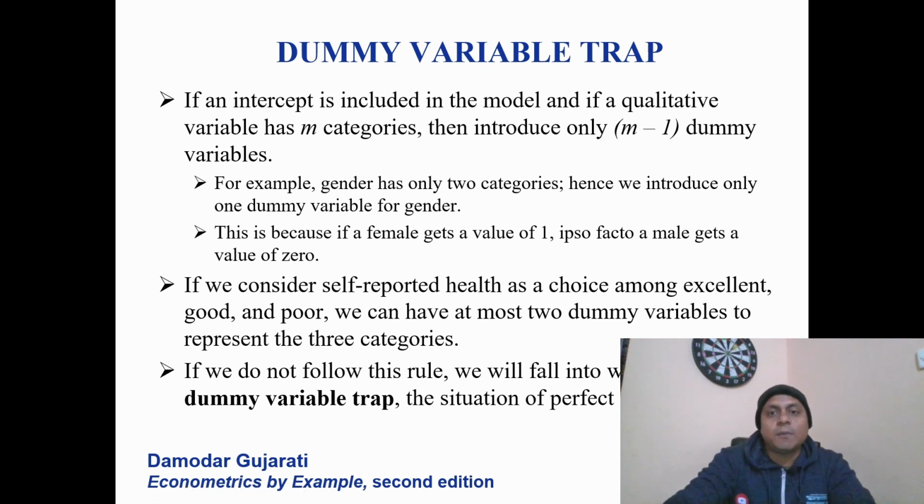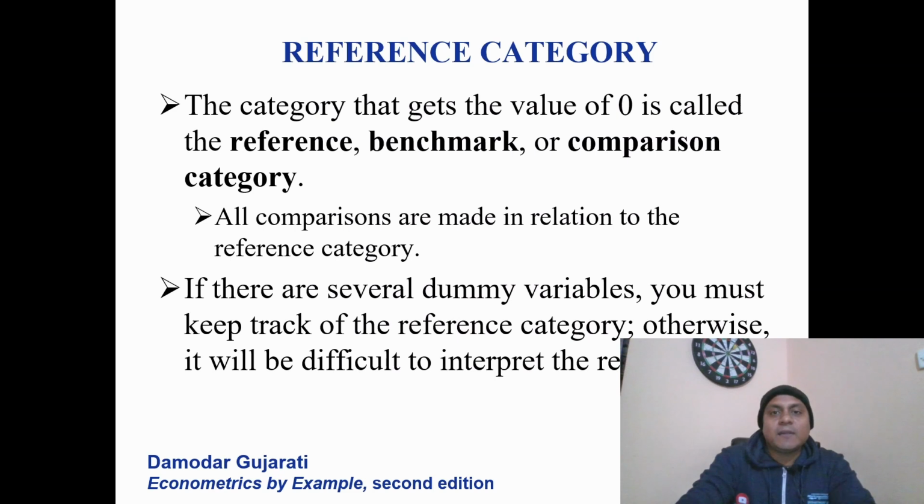So always remember that the number of dummy variables or categorical variables should be the number of categories minus 1. Okay, and then the next one is the reference category. Always remember that whenever you are running a regression using a categorical variable, you have to consider a reference variable or reference category, in other words.